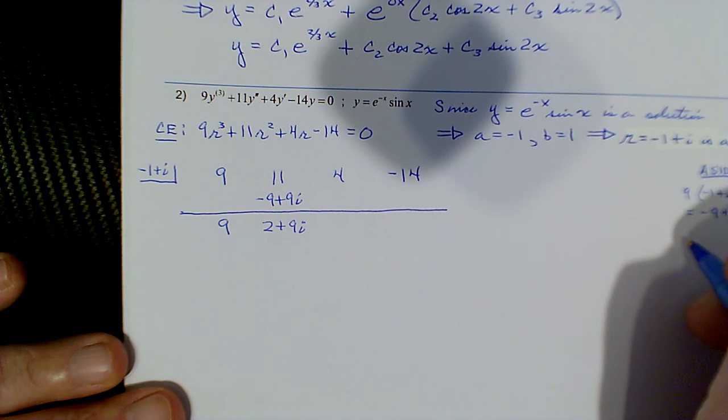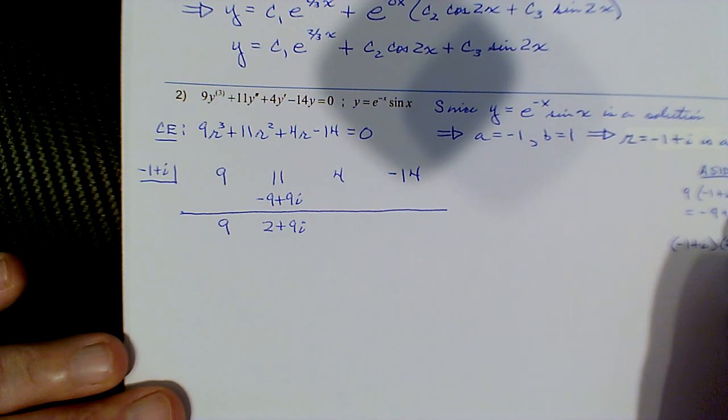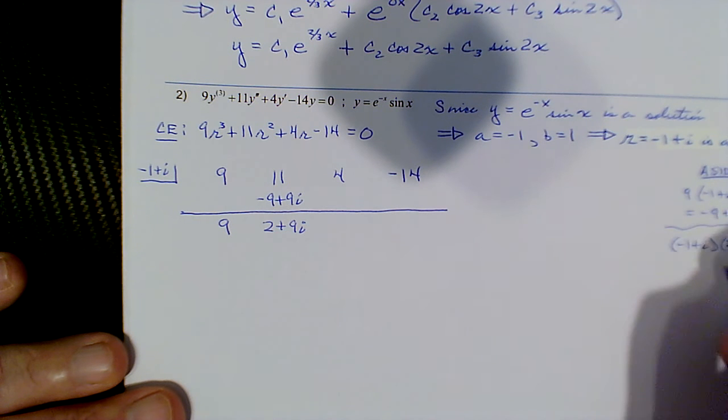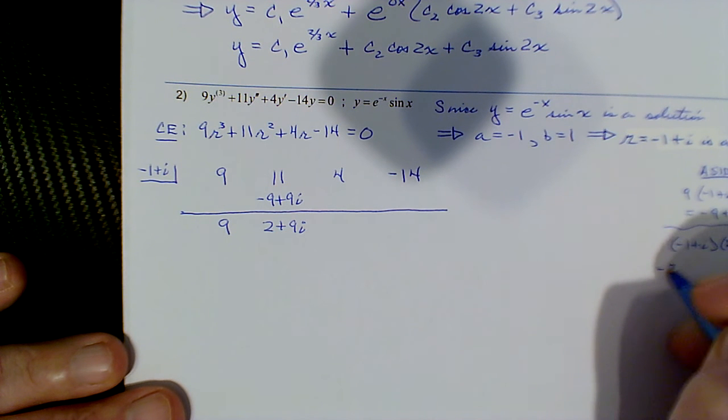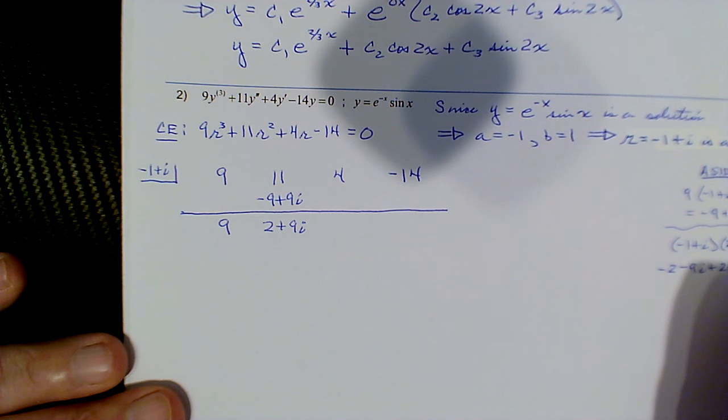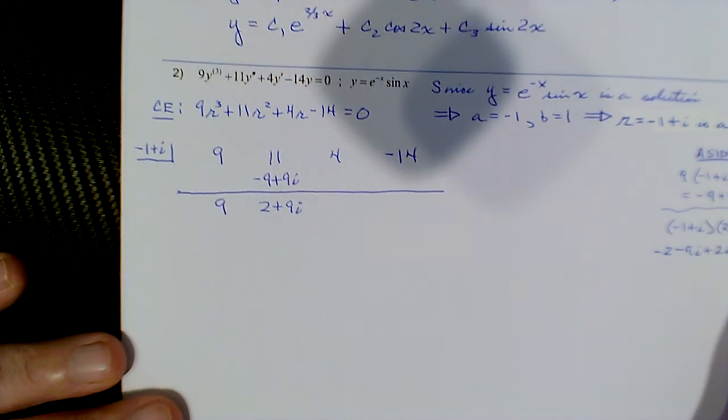And now we've got to multiply the -1 plus i times the 2 plus 9i. Okay, so we're taking this entry times the 2 plus 9i. So we get -2 minus 9i plus 2i plus 9i squared.